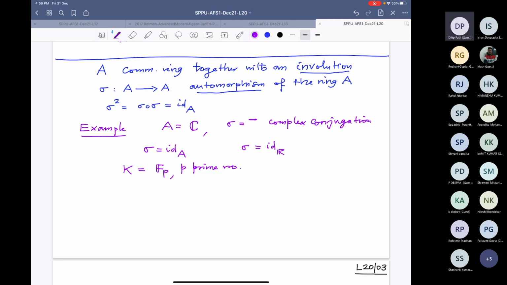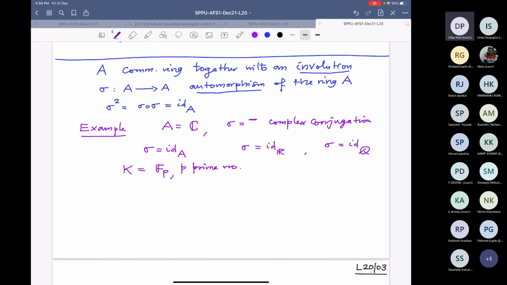Remember, I was talking about the automorphism group being trivial. Trivial in the sense it has only the identity. So these are rigid, very rigid. Real numbers, also rational numbers. Also for rational numbers, I will take sigma equal to id_Q. And there is no other choice.